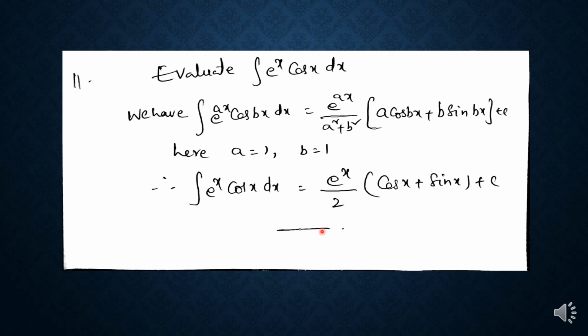That is, integral of f(x) g(x) dx is equal to f(x) into integral of g(x) dx minus integral of (derivative of f(x) into integral of g(x) dx) dx plus c. We can use any one of these formulas and we can integrate the functions.